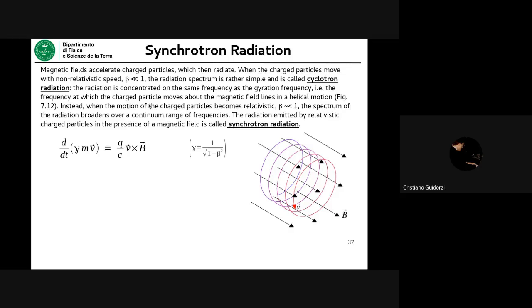Of course, you know very well from your previous courses that you have a kind of helical motion of the electron around the magnetic field lines with a given frequency, which we will see is called cyclotron frequency. And so you, as observer, see the electromagnetic field. In particular, let's focus on the electric field.